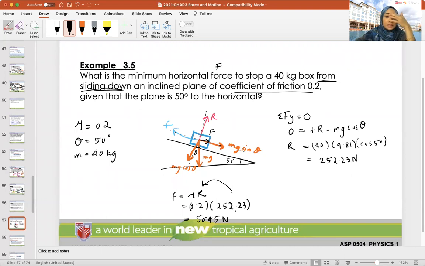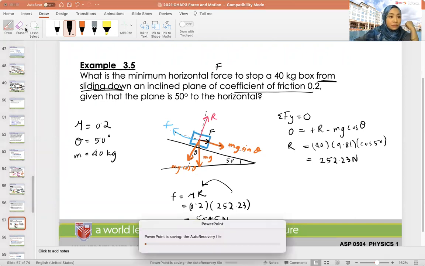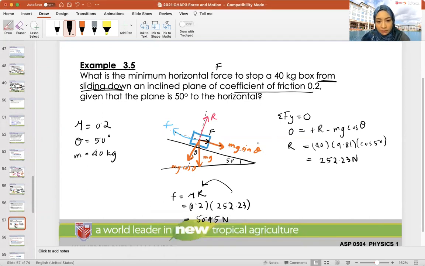So I'm sliding down. What is the minimum horizontal force? What is the minimum from sliding down? Okay, sorry. So I wrote my F to the right, right? Kita ada mg, kita ada friction. So kalau mg sin theta ni lagi besar pada friction, maka dia akan tertarik ke bawah. So kalau saya nak prevent dia dari tarik ke bawah, I need a pulling force from the top.